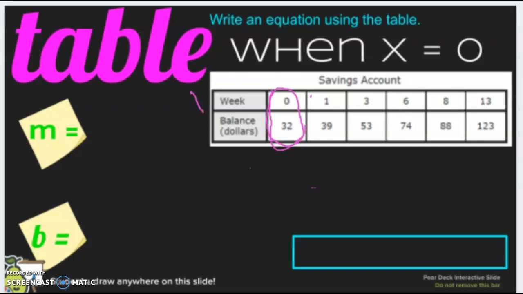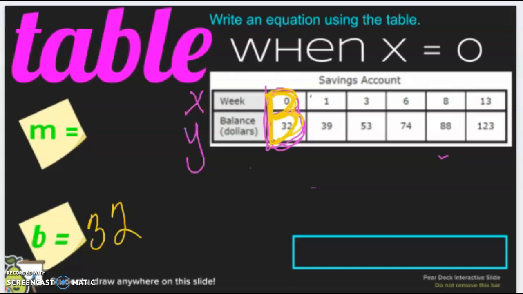Remember x is on top, y is on the bottom. So whatever I have right here is automatically going to be my b. So 32 is my b. So I'm going to go fill that in.